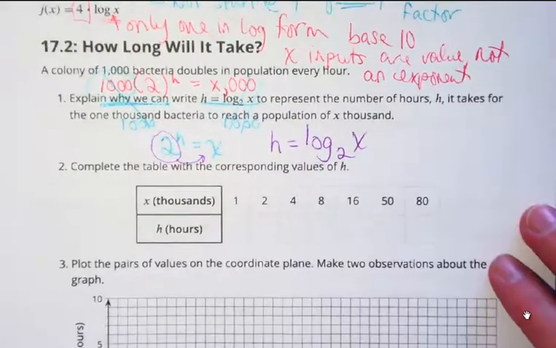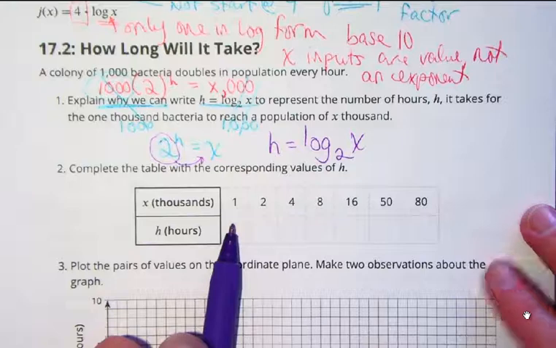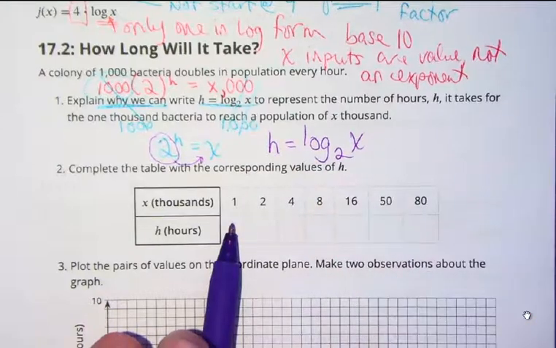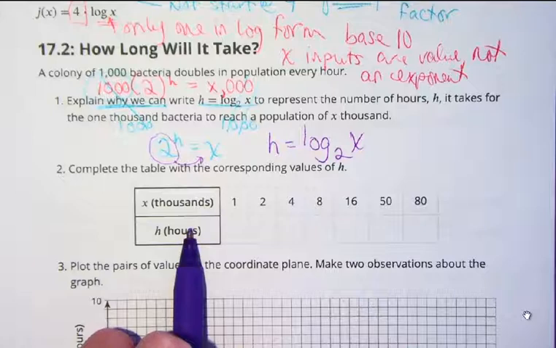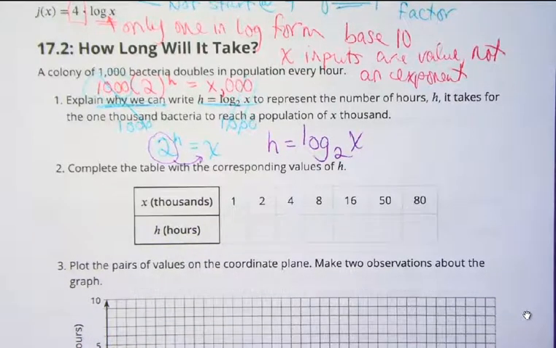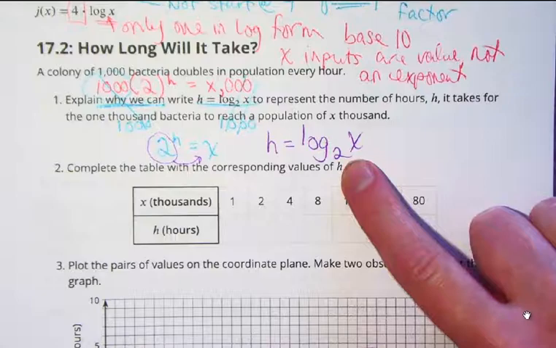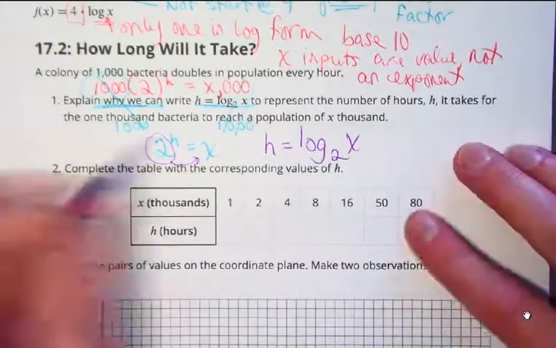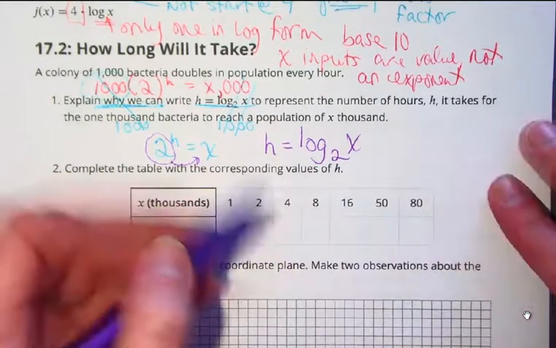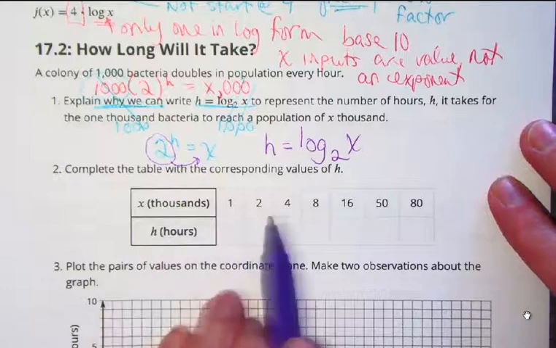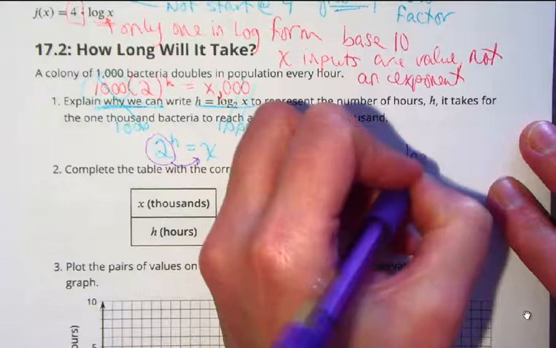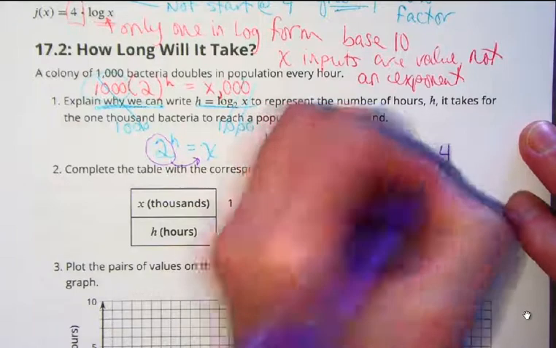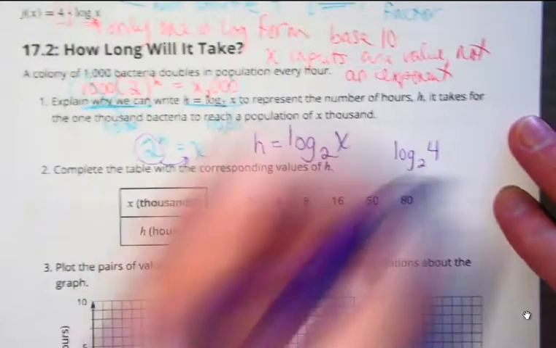When we need to go about completing this table for values of h that would give us a certain number of thousands, we can start to type this in. We have a base 2, so I'm just going to remind you one more time for each one of these values. If I have something like x thousand, so let's say I have 4,000, and I'm thinking log base 2 of 4, there are a couple ways to type that into a calculator.